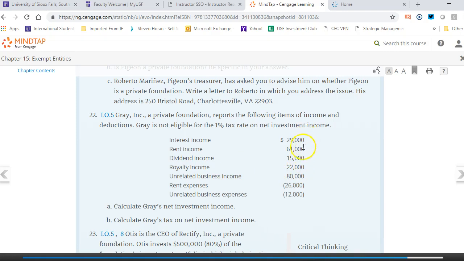So take those four together. We subtract from that deductions, and you can see the deductions are 26,000. So anything related is what belongs here. So I'll take the first items, I'm sorry, not the 80,000. So the 29, the 61, the 15, the 22, and subtract from those the 26. The sum of those equals 101.